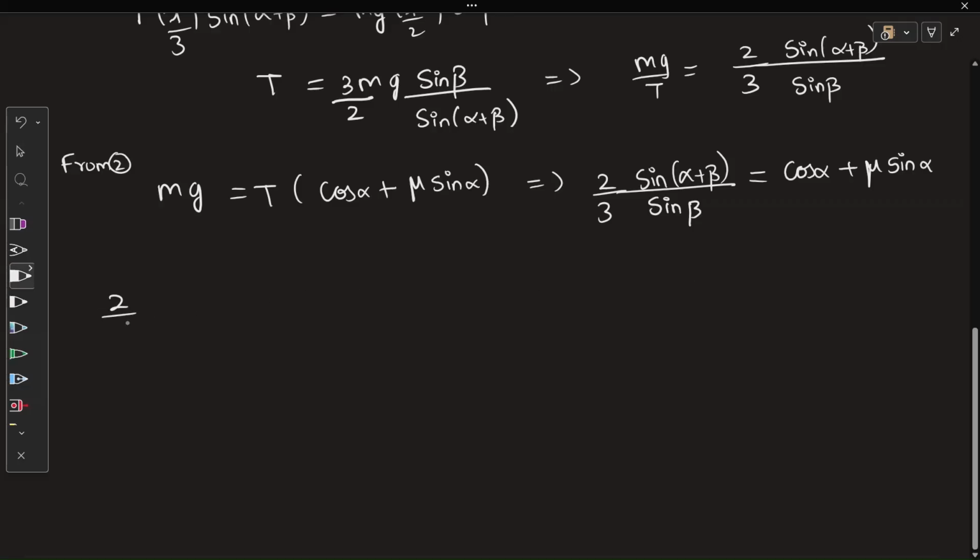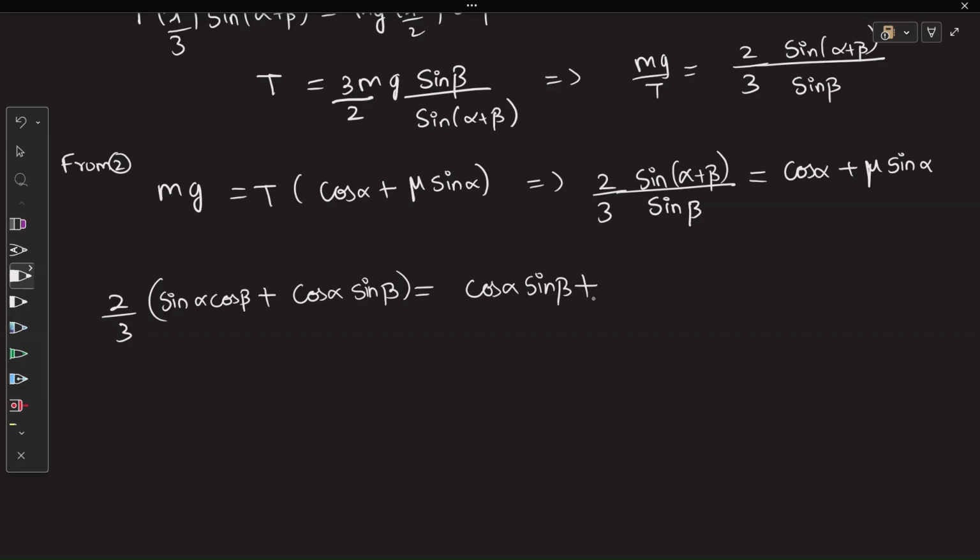Write 2 by 3 into sin alpha cos beta plus cos alpha sin beta is equal to cos alpha sin beta plus mu sin alpha sin beta.